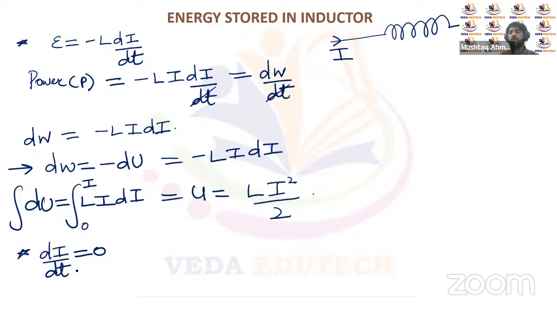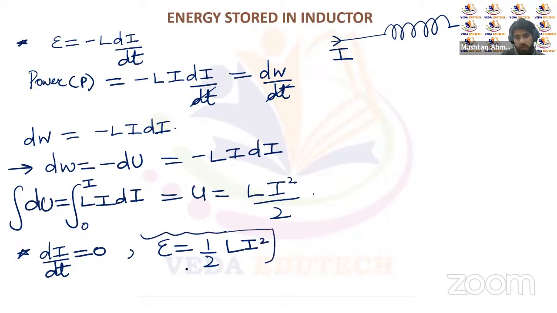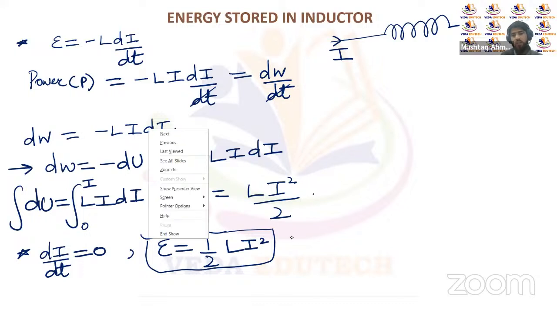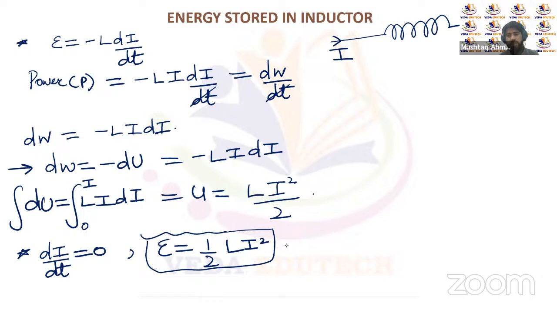So this will be the maximum amount of energy stored in this inductor. The energy stored inside an inductor is half L I square, and this energy is stored in the form of a magnetic field inside the inductor.